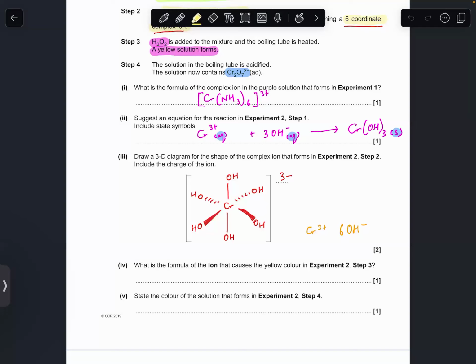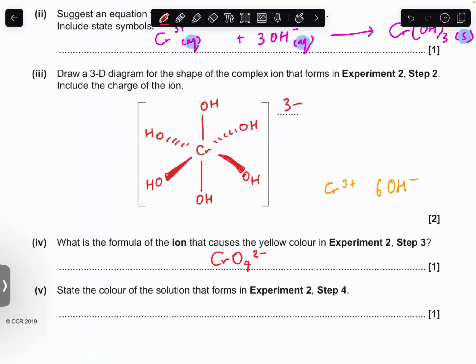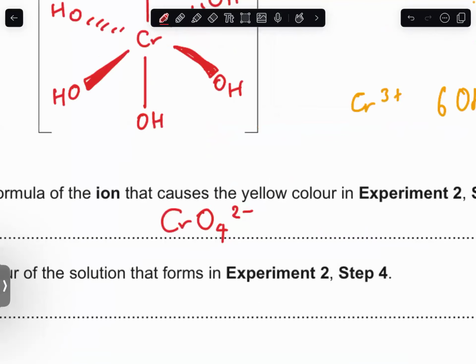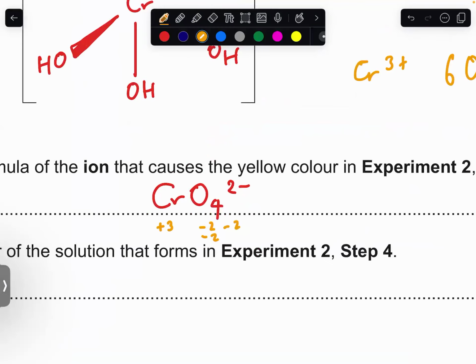What is the formula of the ion? So the formula of the ion is the chromate(VI) ion, and it's got a 2- charge. Each chromium is, sorry, chromium is +6, oxygen is -2, and that gives you the overall 2- charge.